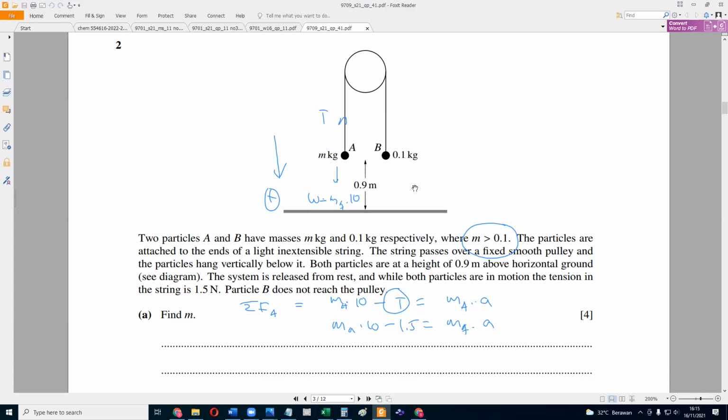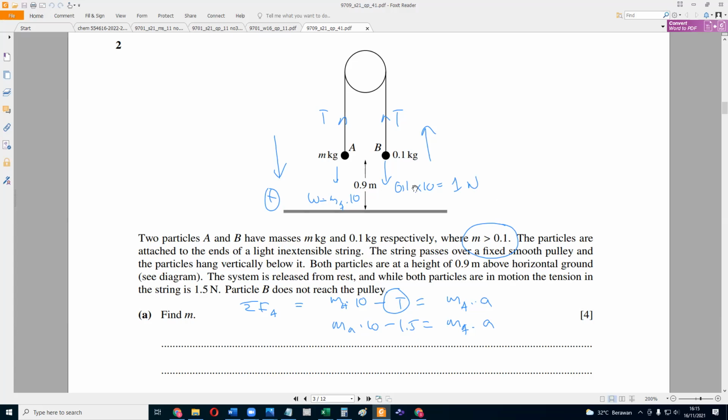Okay. For B, the B is going to go up. So the T here for B is going to be positive, while the weight of B, which is going to be mass B, 0.1, times 10, which is 1 Newton, is going to be negative.